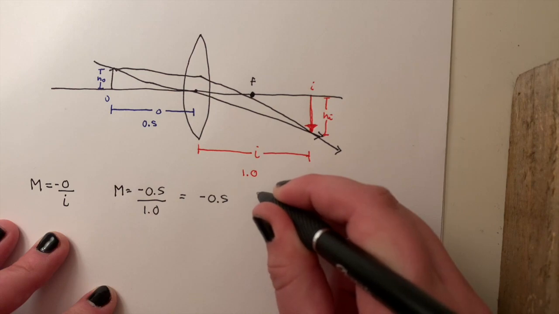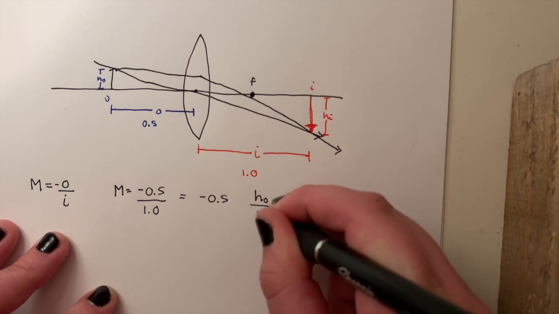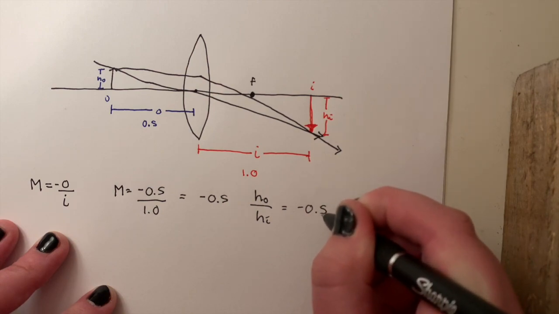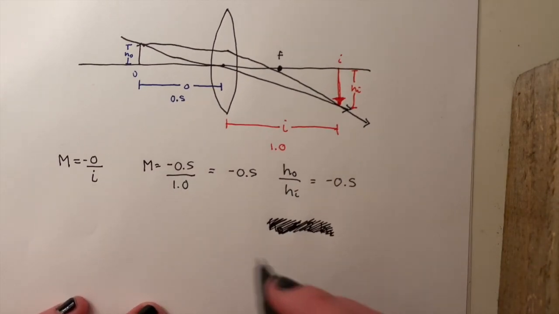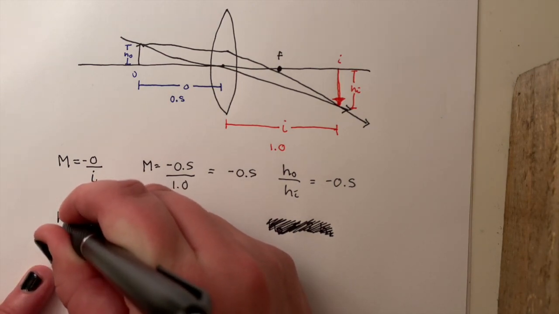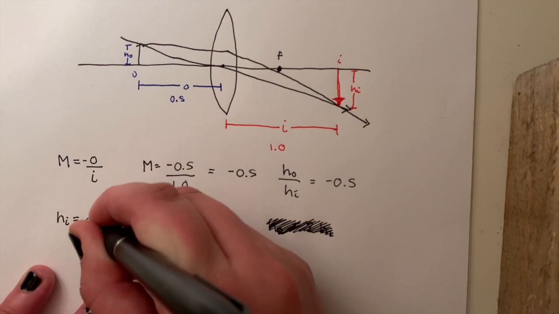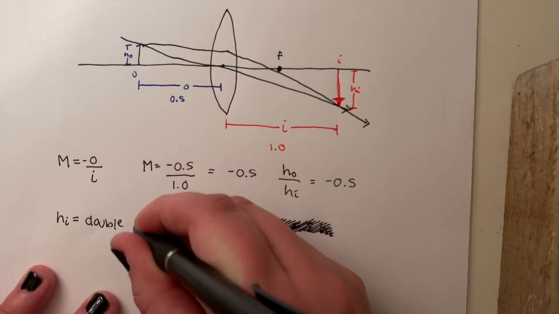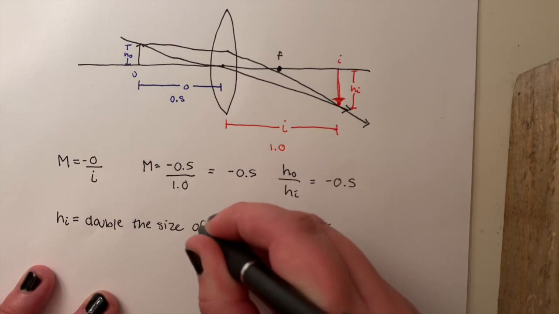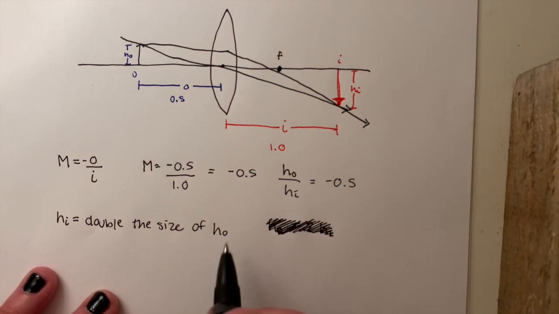So our object height over our image height is just going to also equal negative 0.5. So in other words, you can write this and visualize this as our image height being double the size of our object height. And that's also depicted in the ray diagram, as you can see.